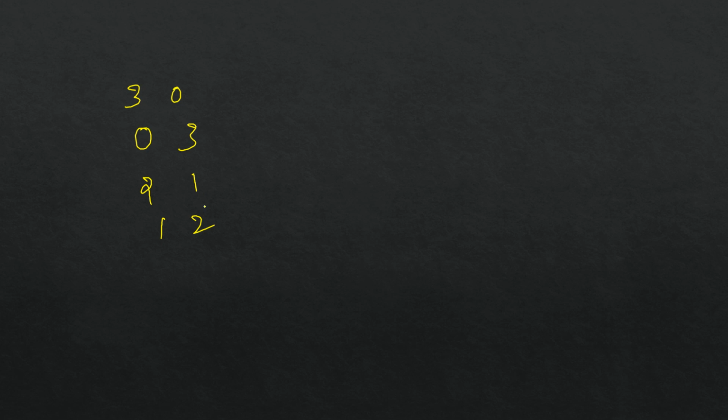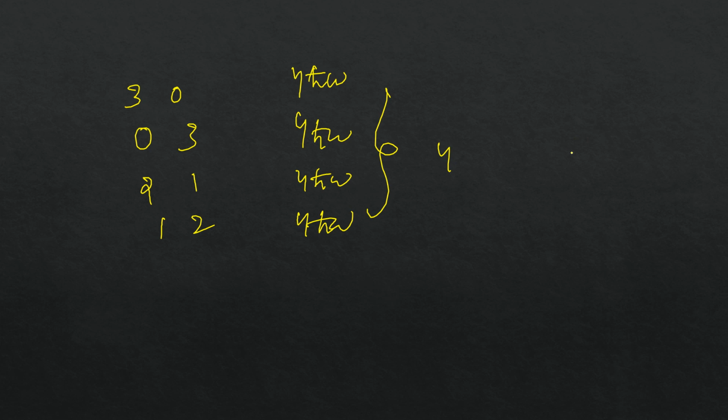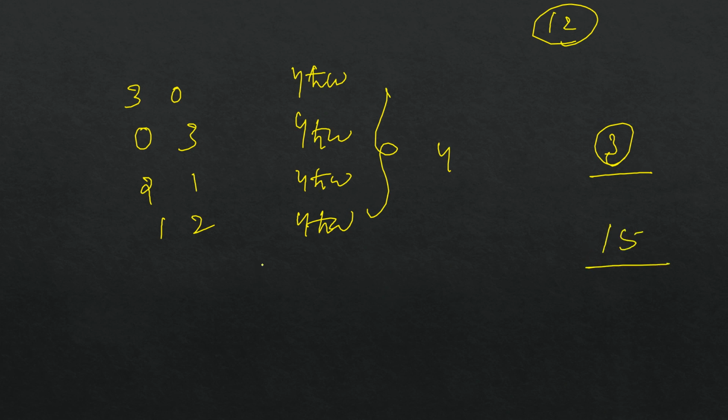It is 3 0, 0 3, 2 1, 1 2, isn't it? The energy will be 4 h cut omega. What is the degeneracy? How many times the energy is repeated? 4 times. How many electrons will there be? Because we already got 12 electrons, 3 more electrons. So total electrons 15.